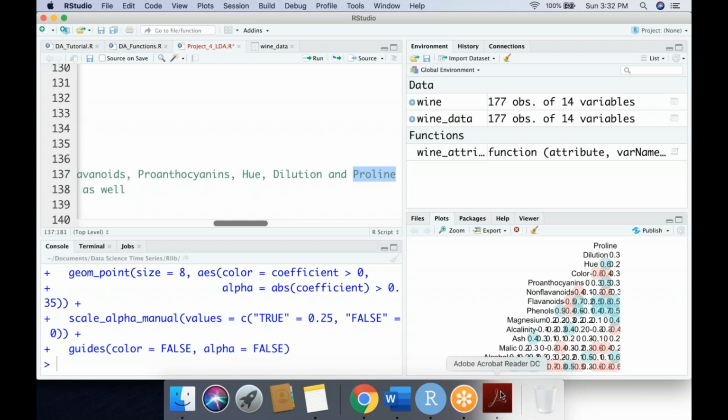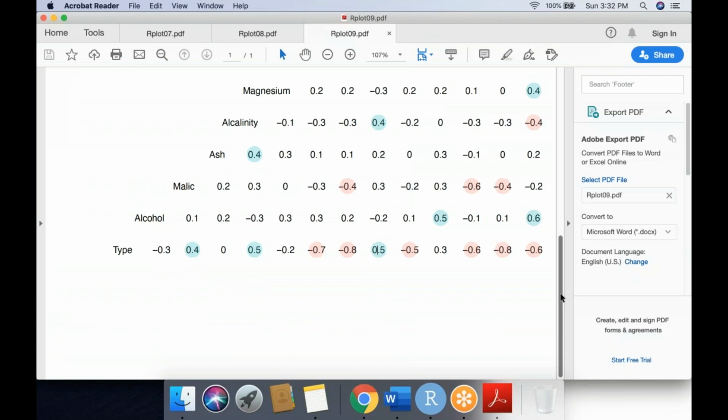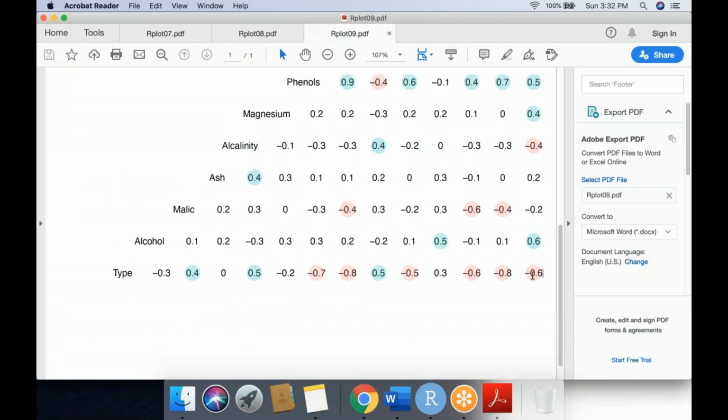With proline, okay, it is 0.6, but downhill.